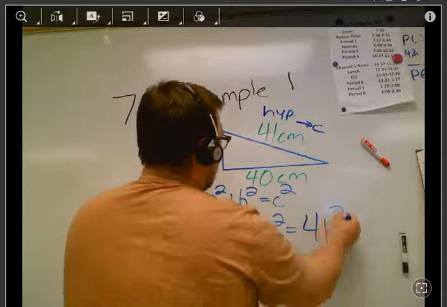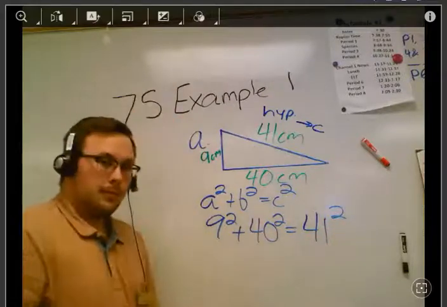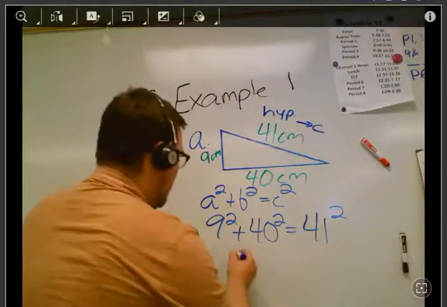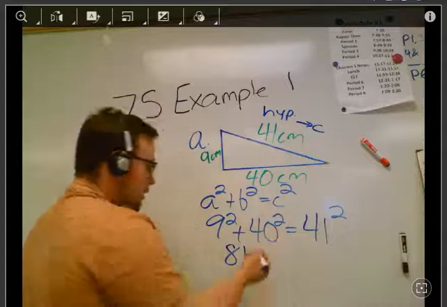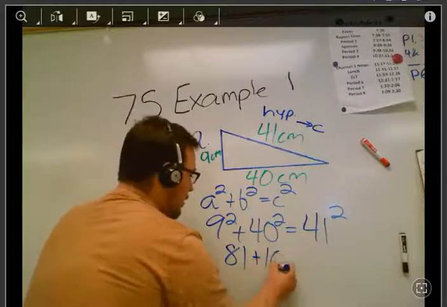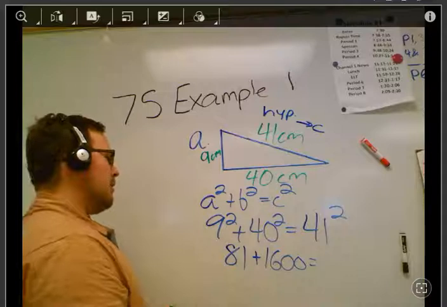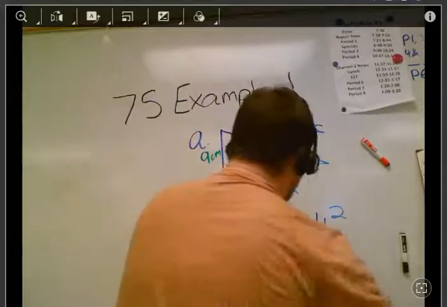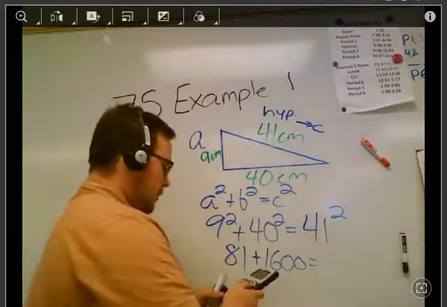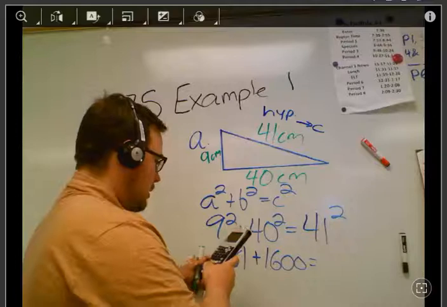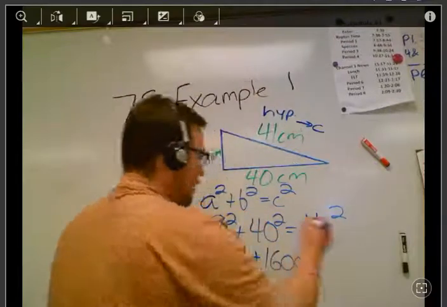Alright, we need this to be true for it to be a right triangle. Let's check it. So 9 squared is 81. 40 squared is 1600. And then 41 squared, let's just check it quick. 41 squared is 1681. Look at that.